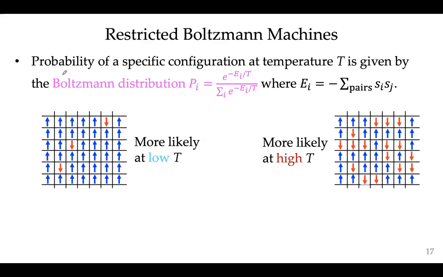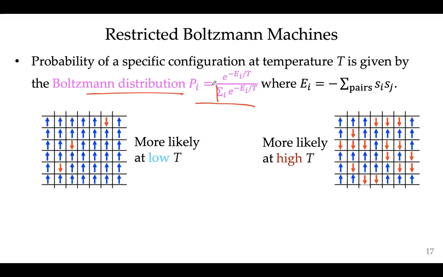Well, the probability of a specific configuration at temperature T is given by the Boltzmann distribution. It's this formula. The probability of a particular configuration is the exponential of the negative energy of this configuration. You have to calculate the total energy by multiplying each pair, plus or minus, and then divide by temperature.